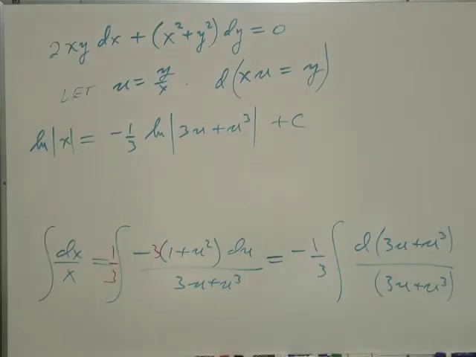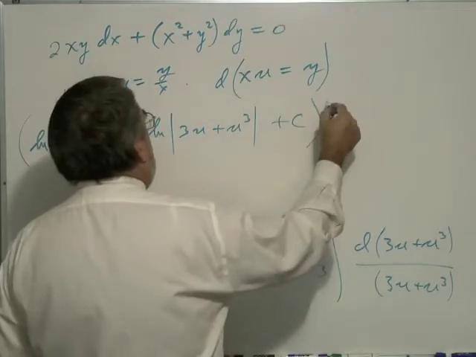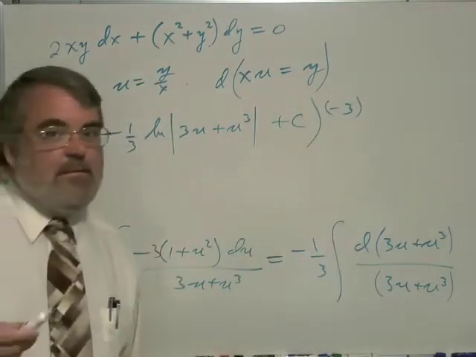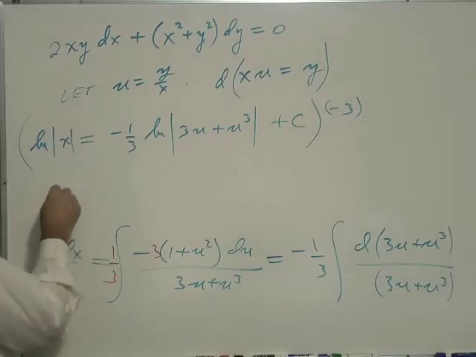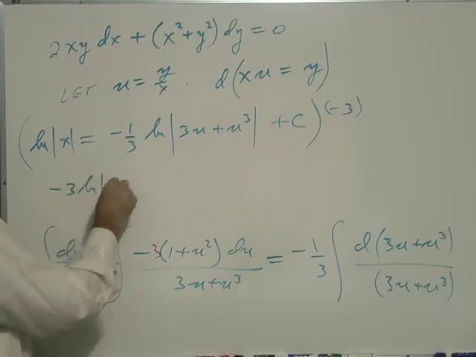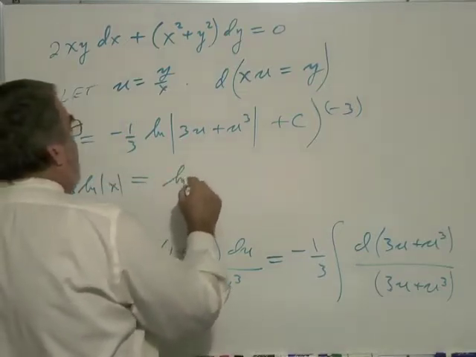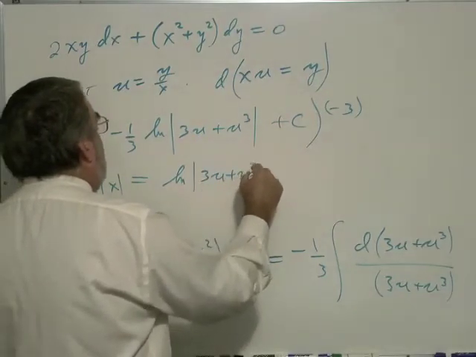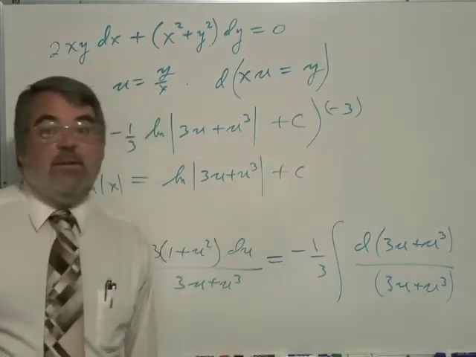How about we multiply everything by negative 3. So I'm looking ahead to simplifying this mess here. If I multiply by negative 3, I'll get minus 3 natural log absolute value of x equals natural log absolute value of 3u plus u cubed plus a constant, right? Because negative 3 times a constant is still a constant.